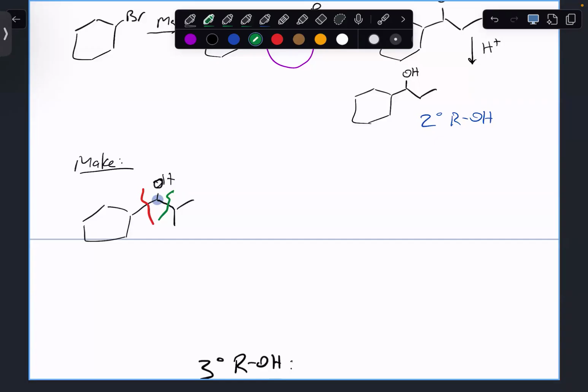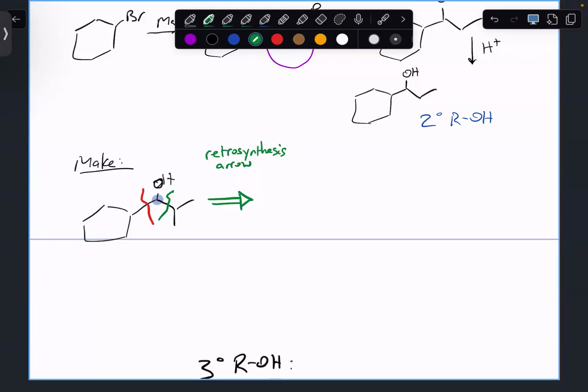So if I make the green disconnection, by the way, that arrow is a special arrow. We organic chemists are rather fanatical about our arrows.